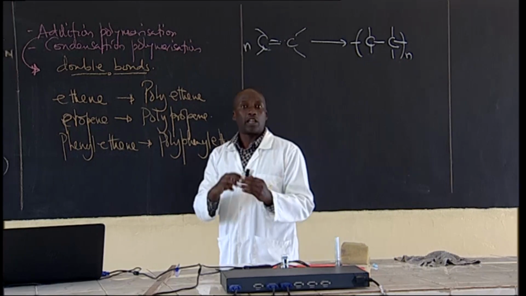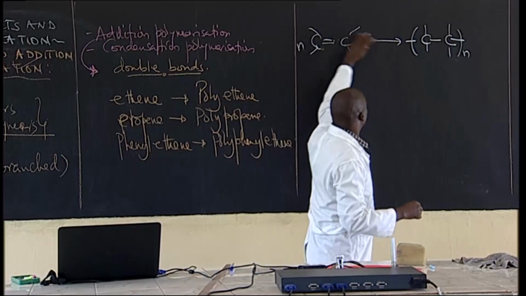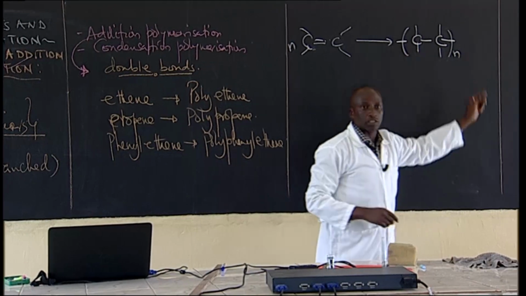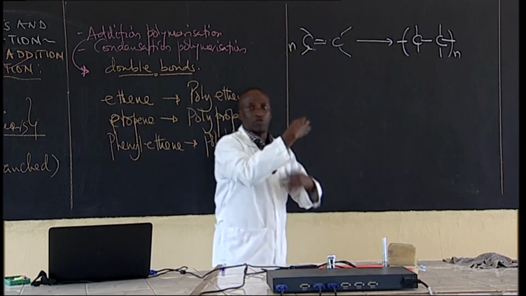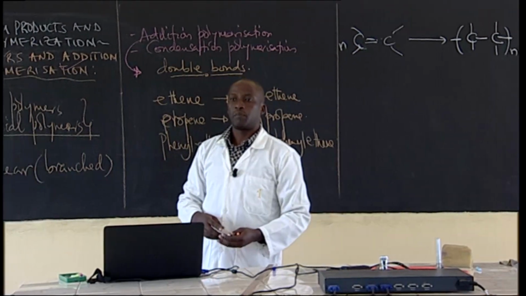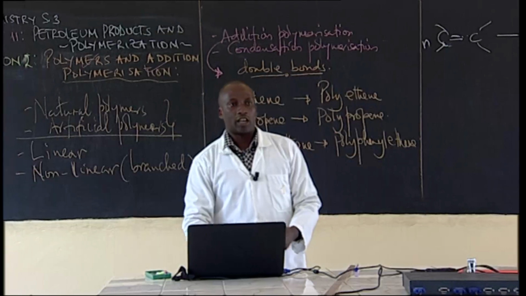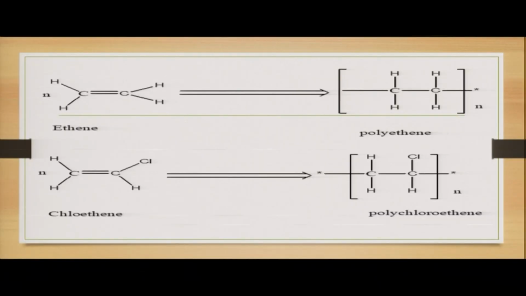One of the bonds of the double bond is breaking, and it forms a single bond. So that means N molecules, very many of them, combining together. This is chloroethene, and then it forms polychloroethene. This is the ethene molecule here. It forms polyethene.